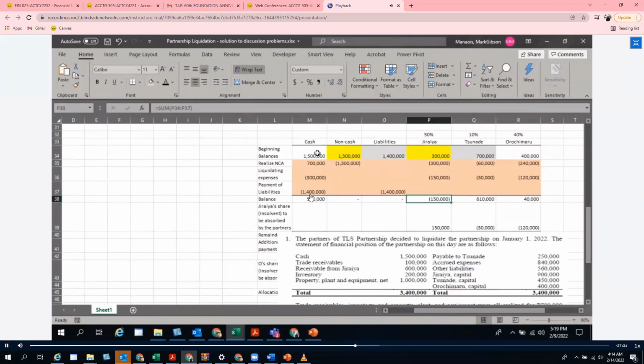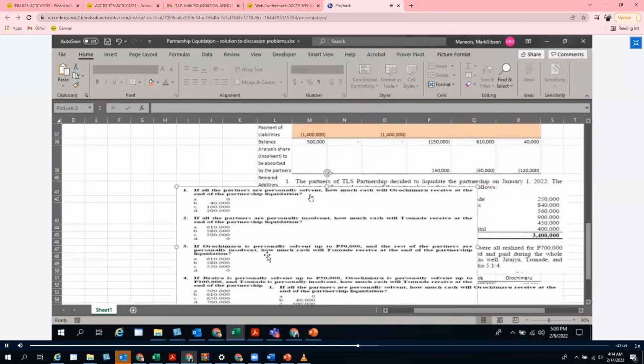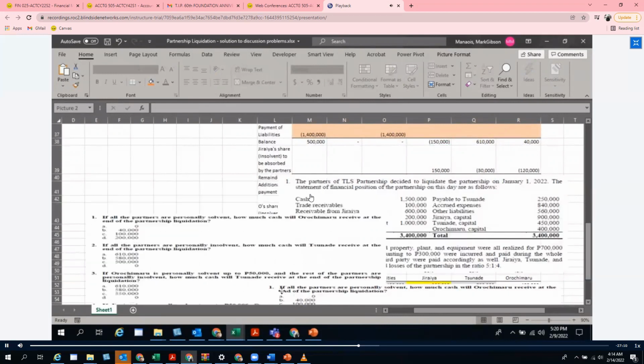And then for Tsunade, he has a remaining of 610,000 pesos. For Orochimaru, 40,000 pesos. Okay. And remember, sa requirement number 3, si Orochimaru, siya yung personally solvent up to 50,000.